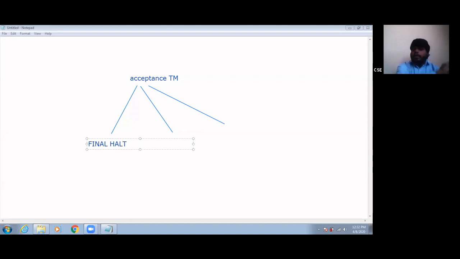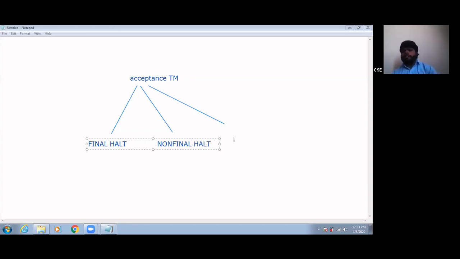That means you are in the final state and you halt. That is called a final halt. And after reading the entire input string, you may go to a non-final halt. That means you are going to a non-final state, and you don't have a transition. That is called a non-final halt.